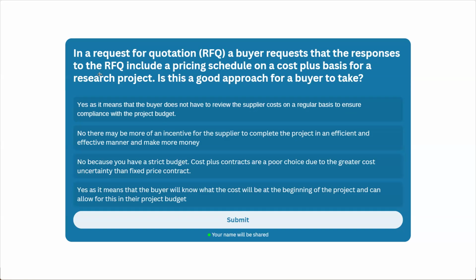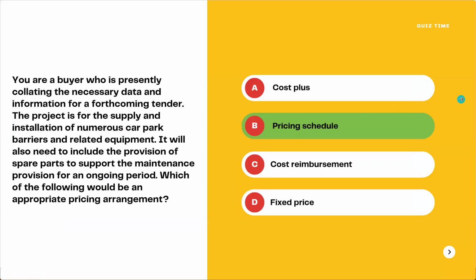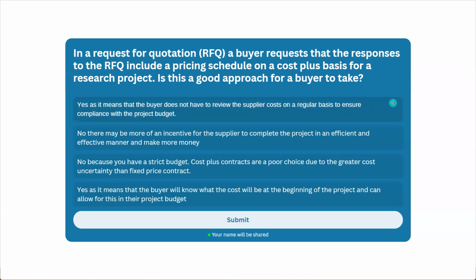But since we want to control to a certain level, we may create a pain share, gain share agreement. Under this arrangement, we set up a target cost, and if the supplier performs under that and provides a successful project, then we can share the gain. Otherwise, they must share the pain.